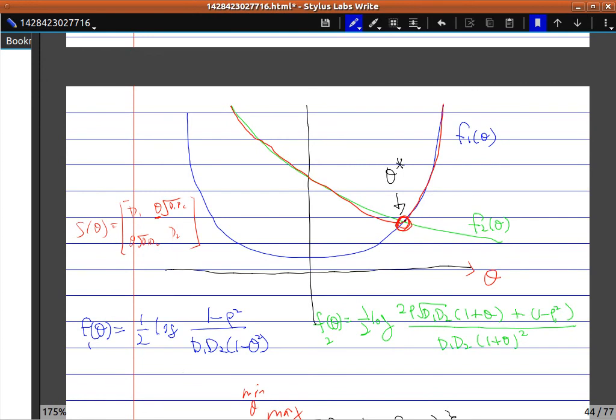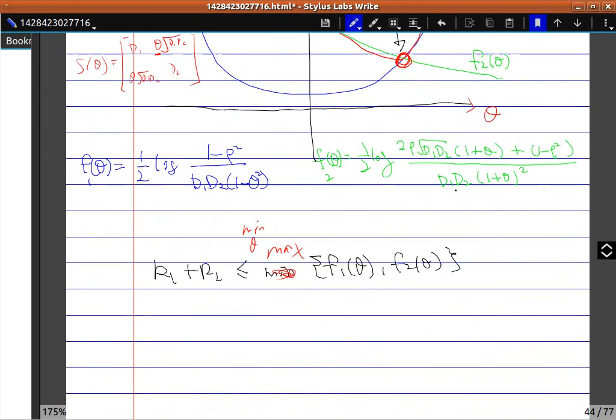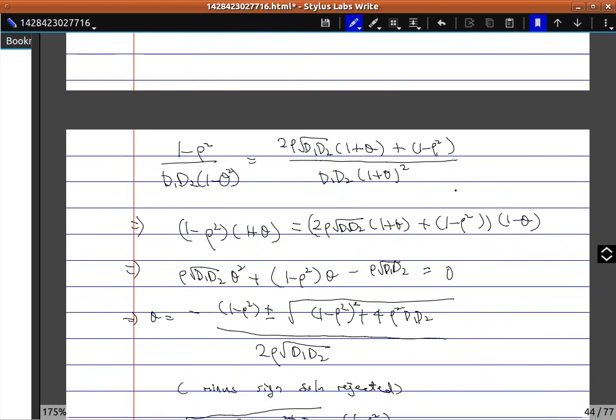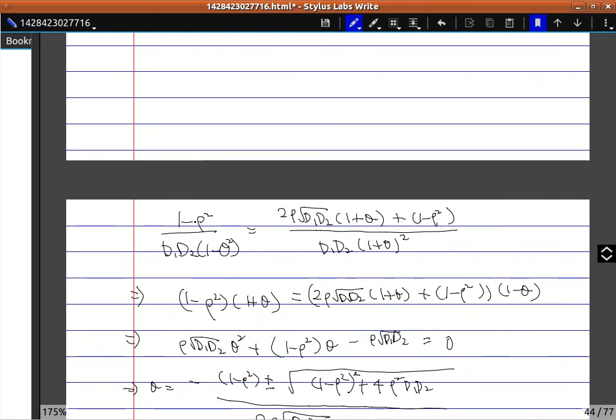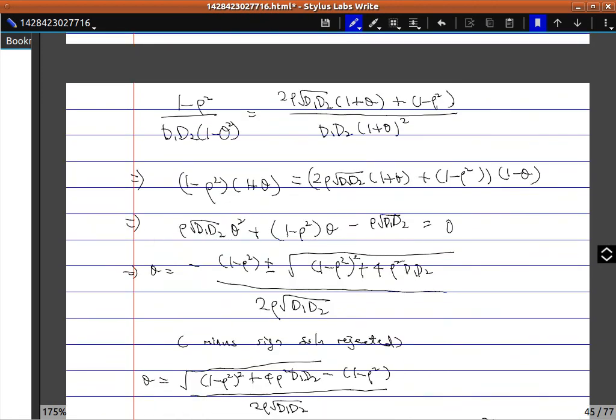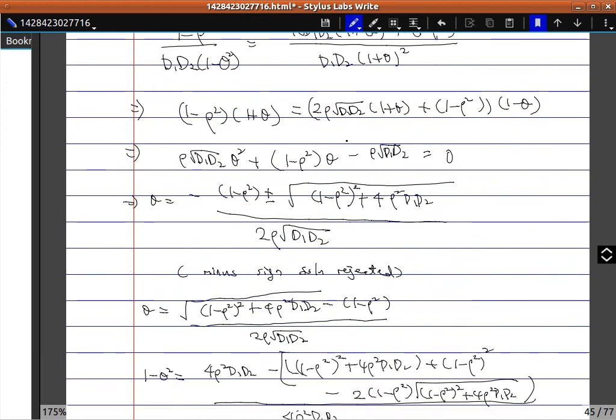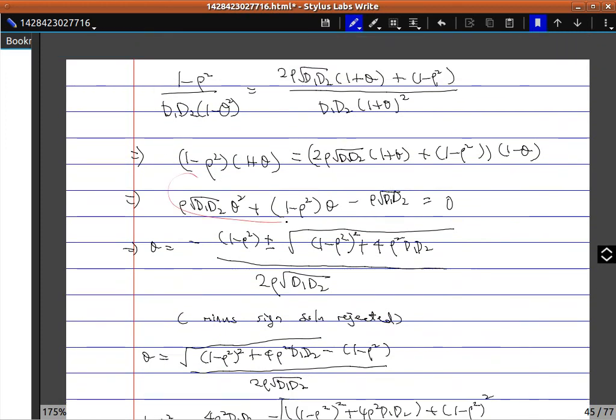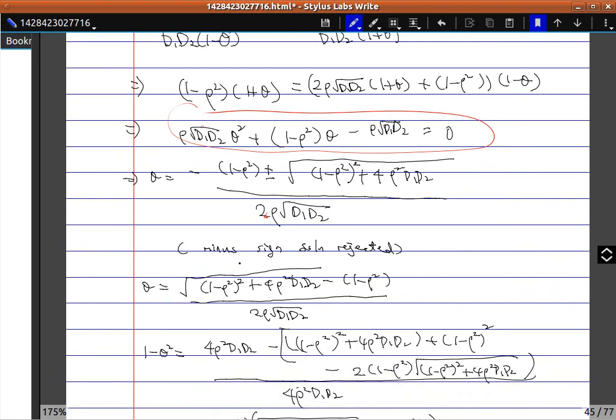It turns out this point is quite easy to find because this is just where the two bounds overlap. So we can make the two arguments inside the log equal, and then solve for theta. If you solve that, you find it's a quadratic equation in theta. There will be two solutions, but one of the solutions has a magnitude bigger than 1, so it should be eliminated.